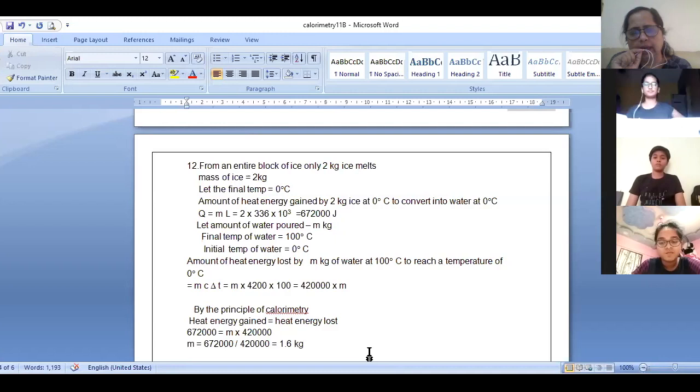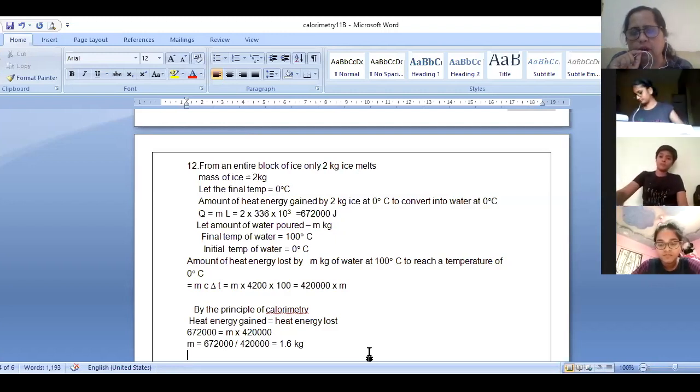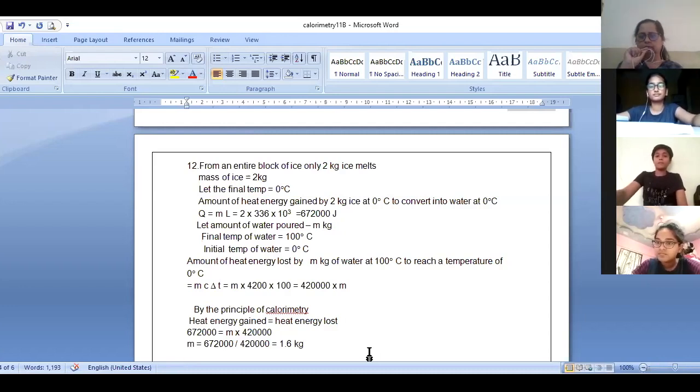And heat energy lost is the energy for the water to come from 100 degrees Celsius to 0 degrees Celsius. Simple. Then you solve the sum. They are asking you what is the mass of the water, so I take the mass of water as m. So this is how the sum is solved. I think the sums are done. Those 2-3 sums which are remaining you can do.